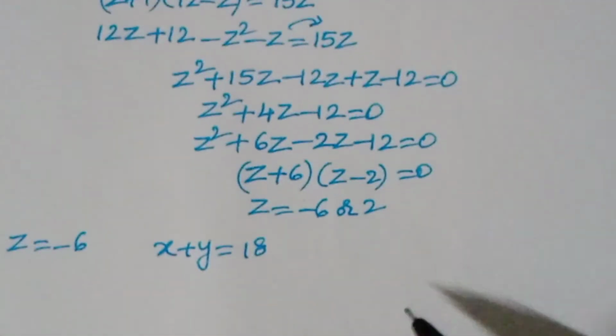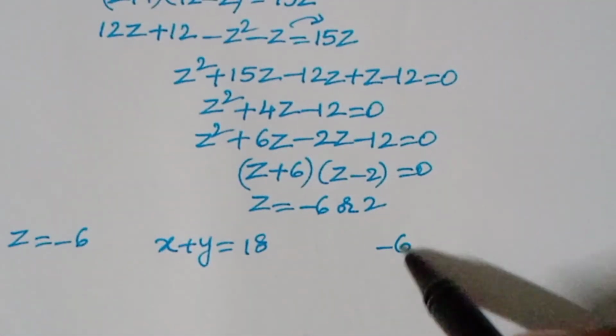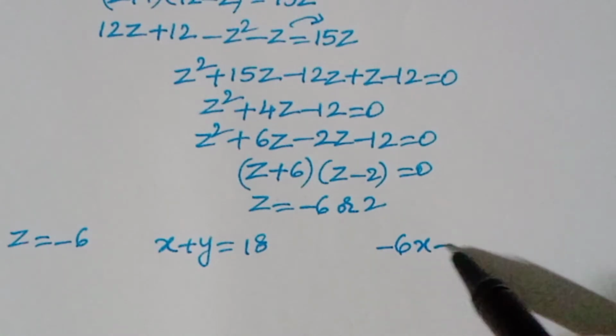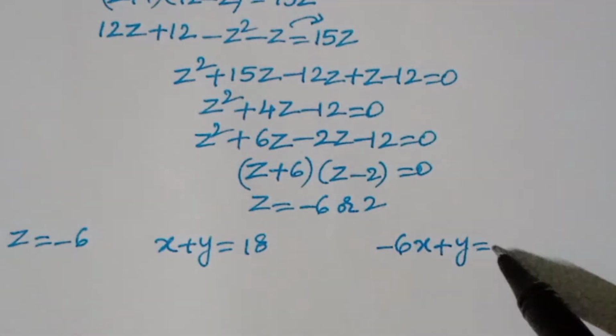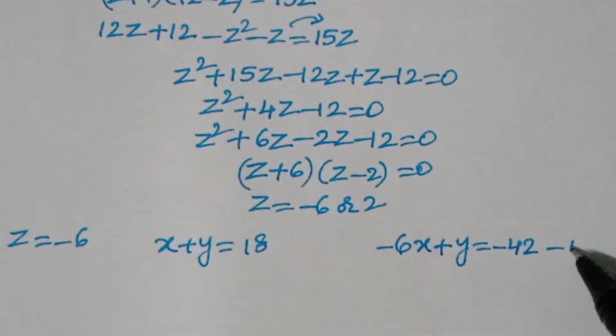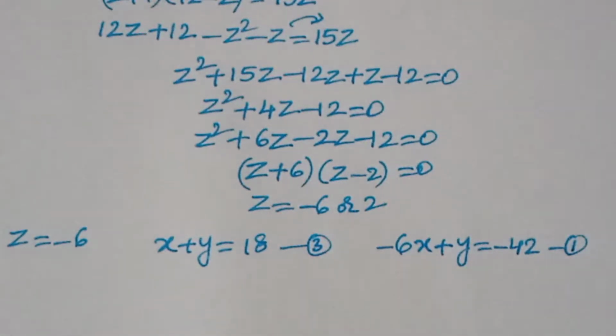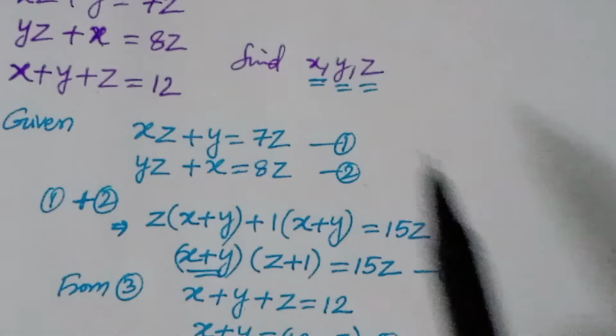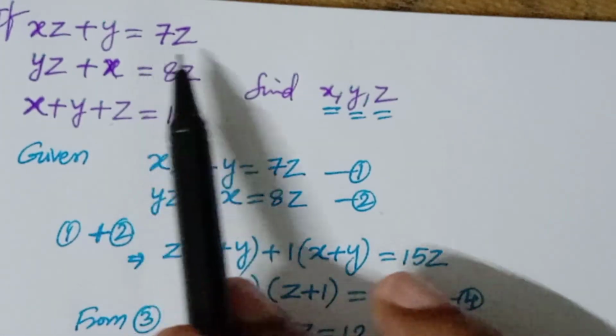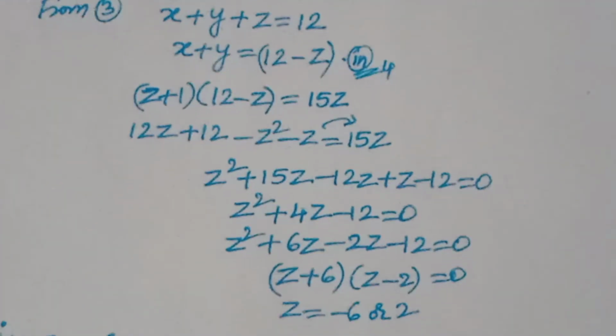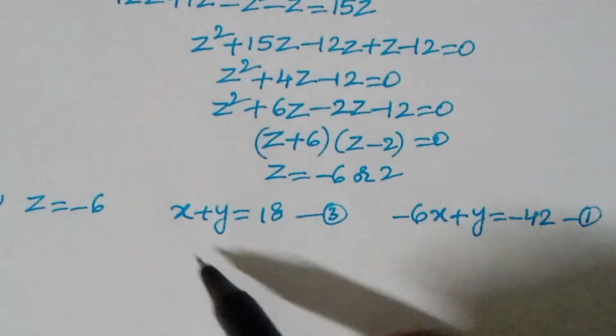If you take the first equation, xz plus y equal to 7z, and substitute, you will get minus 6x plus y is equal to minus 42.